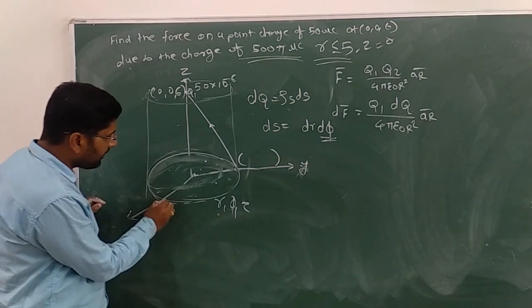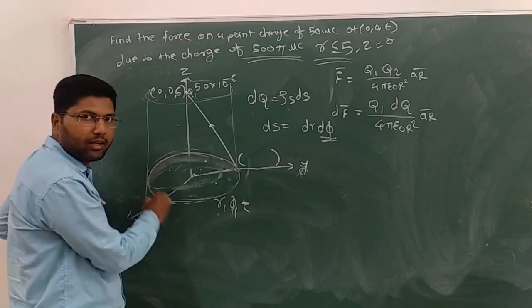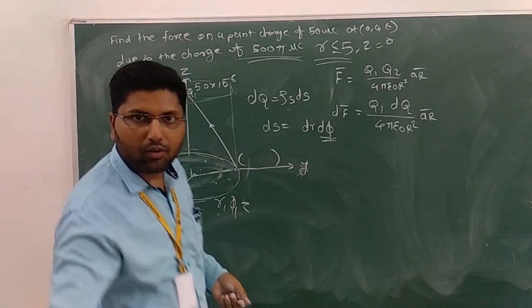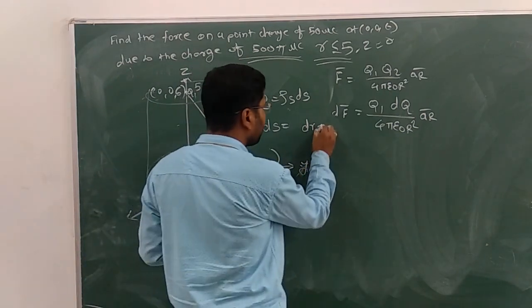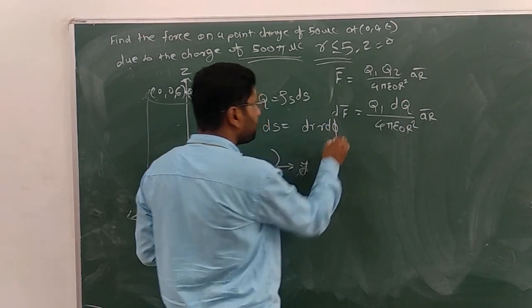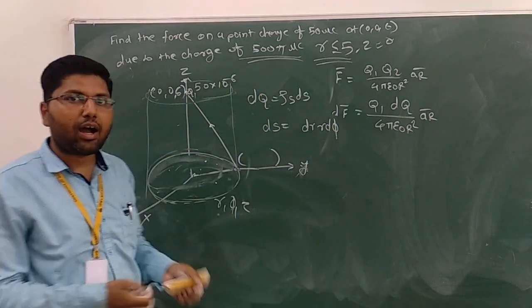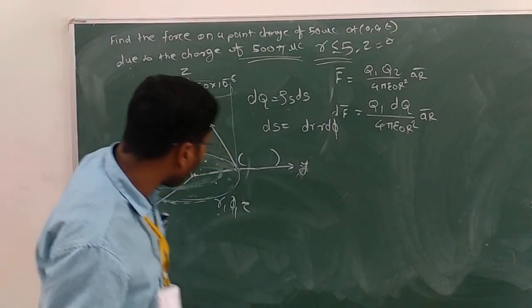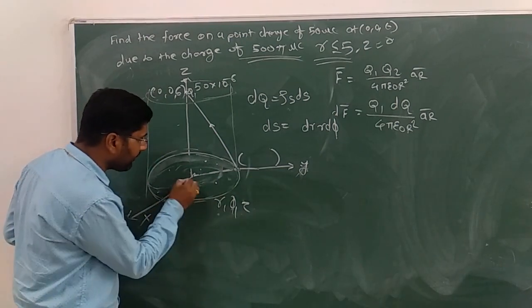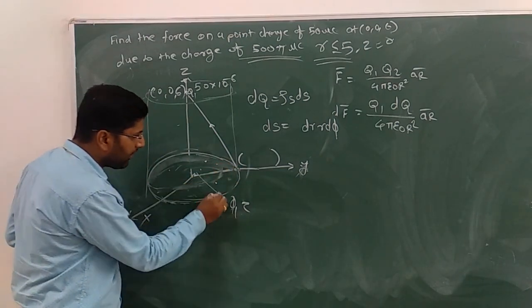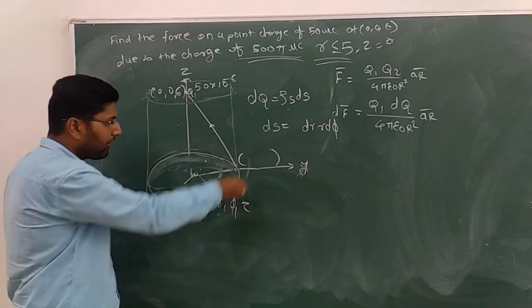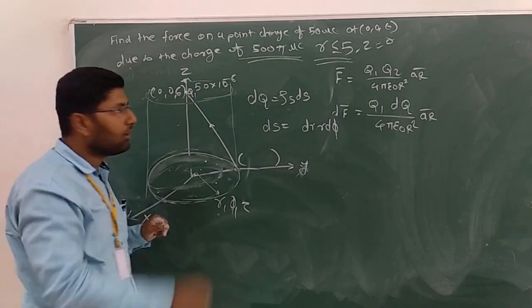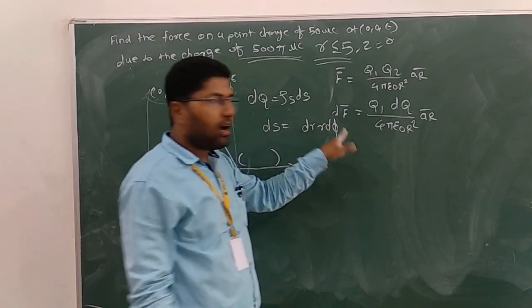For varying the angle, we require the radius. So instead of d phi, we multiply d phi by radius, that is r d phi. Understand why r d phi? Because for varying this angle, you require a radius, and the radius is constant while we are varying the angle. So dr, r d phi.